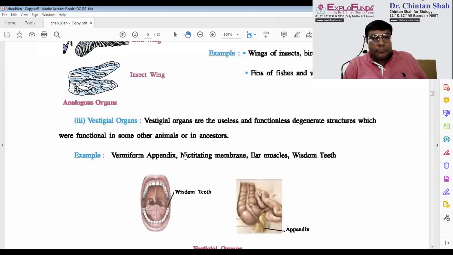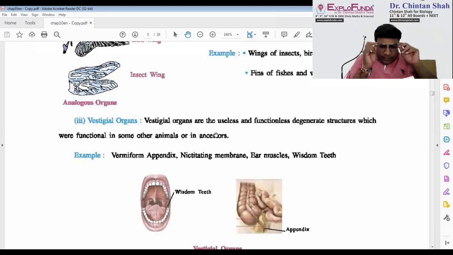Look here. Vestigial organs are useless and functionless degenerate structures which were functional in some other animals or in some ancestor. That's what I told you. Now the question is, suppose I have something in my body which is not functioning, then why do I have it? So they are indicators of my relationship with my ancestors.